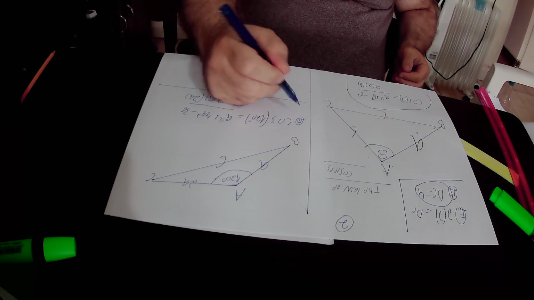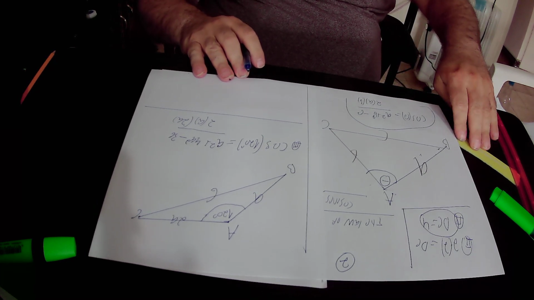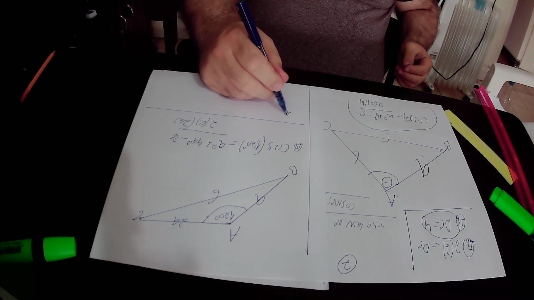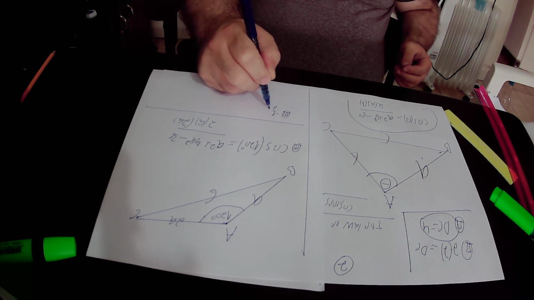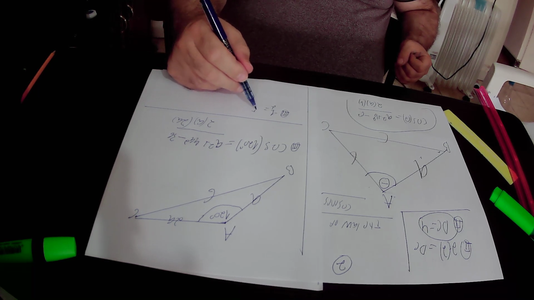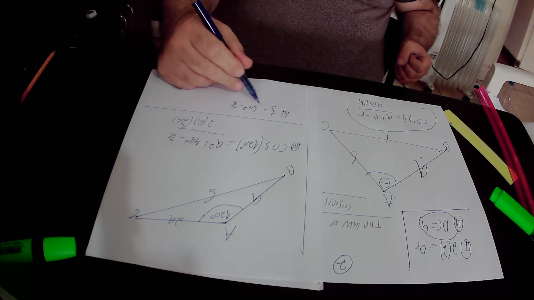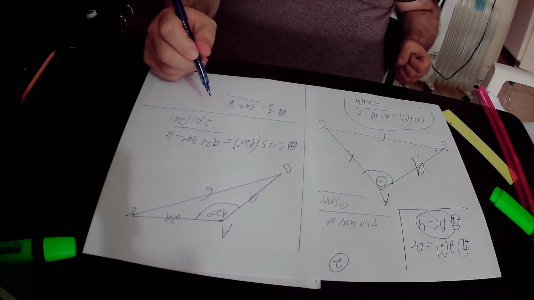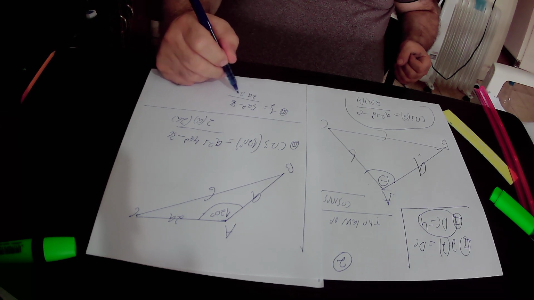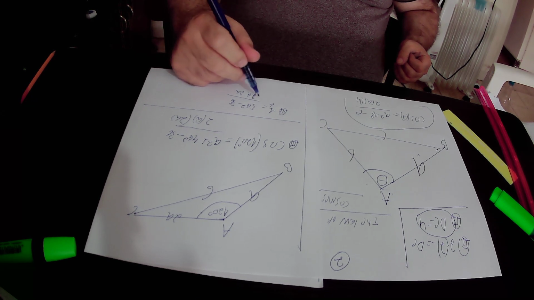Moving to equation number 3. Cosine 120 degrees is minus 1/2. So minus 1/2 equals a squared plus 4a squared, which is 5a squared, minus 36, over 2a times 2a. Here we have 2 on both sides of the equation, so 2 will get cancelled.